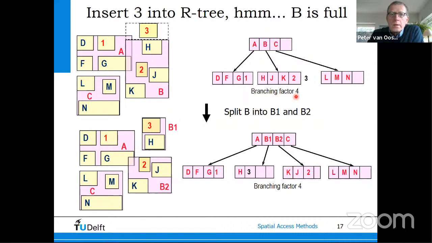B is full, what can I do? I can split B into 2 parts, B1 and B2. So I had 5 objects, and of these 5 objects, B1 gets 2 of them, the top 2, and B2 gets 3 of them, the bottom 3. And you see here B1 and over here B2.